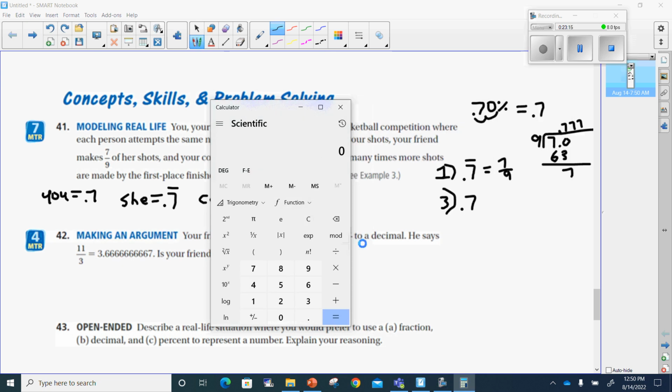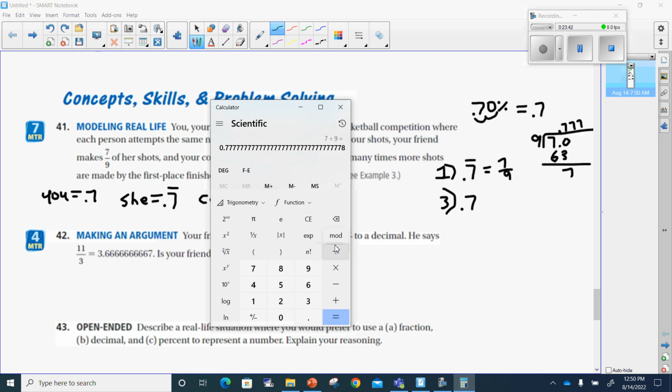We're going to have to take the biggest amount and divide it by the least amount. There's no way to type in 0.7 repeating, so we'll put 7 divided by 9. That gives us 0.7 repeating.